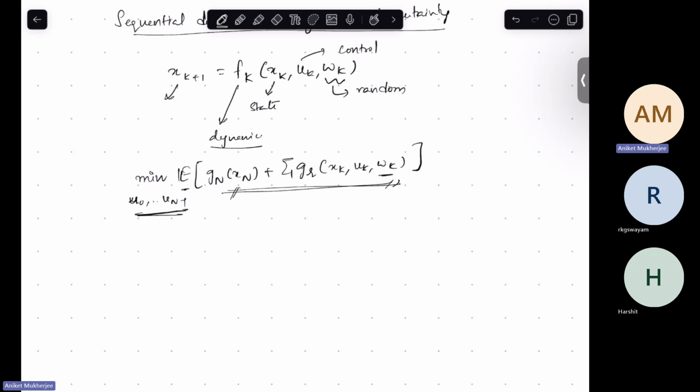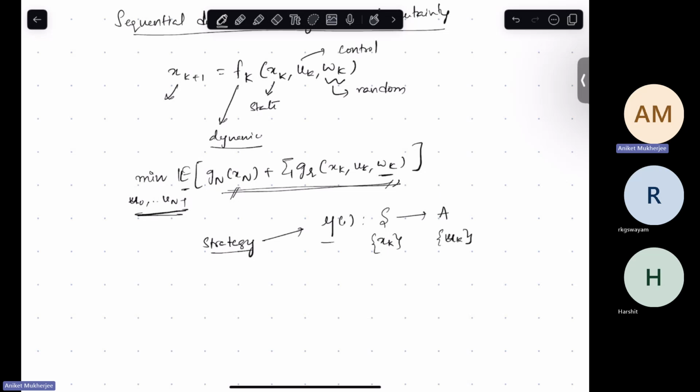Anytime you take some action, you could end up at different states. So what you do is you try to come up with a strategy. That strategy was defined as mu. Mu is a function which maps your states to actions. States are the set of x_k's and actions are the set of u_k's.